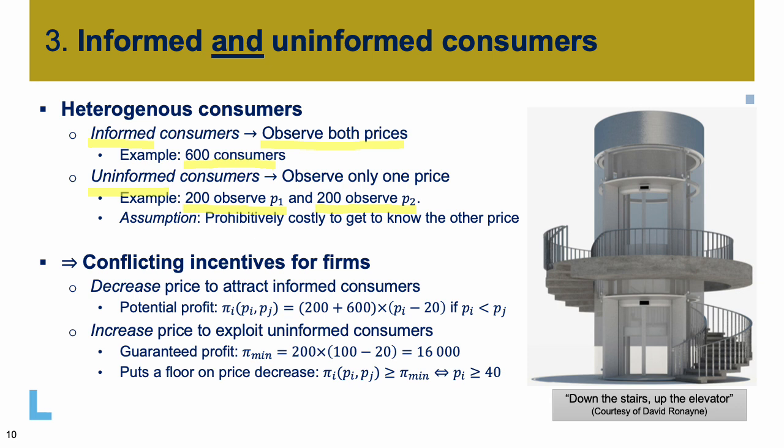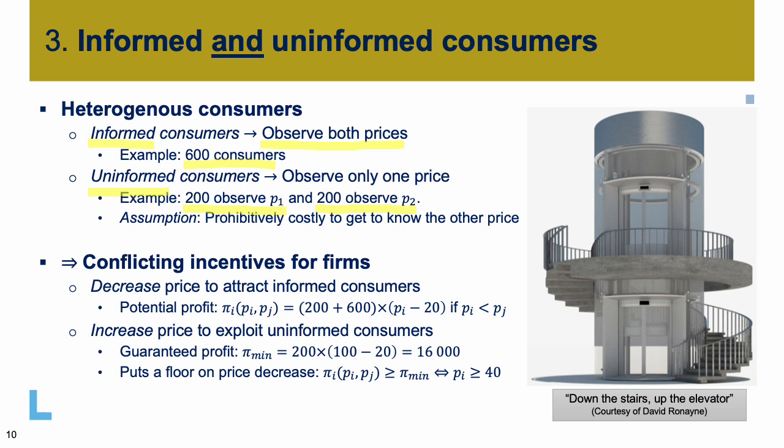Obviously, the rival wants to do the same, and so you go down the stairs, both of you. But at some point, you reach a place where you don't want to go further down, because you would reach the kind of secure profit you can make by just concentrating on your captive consumers. And if you reach that floor, you just take the elevator to go back to the top level.